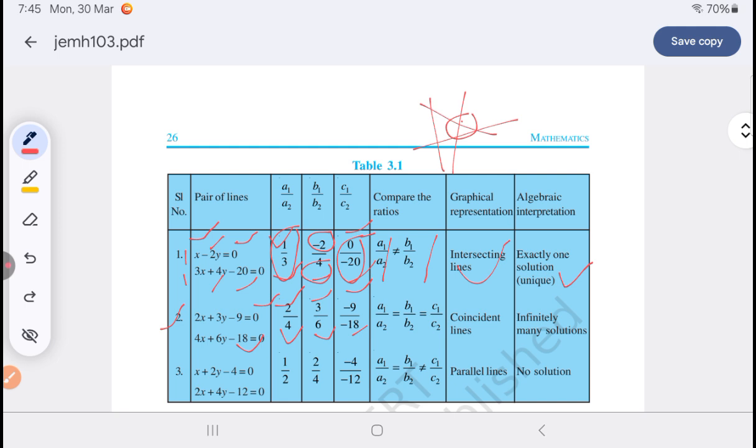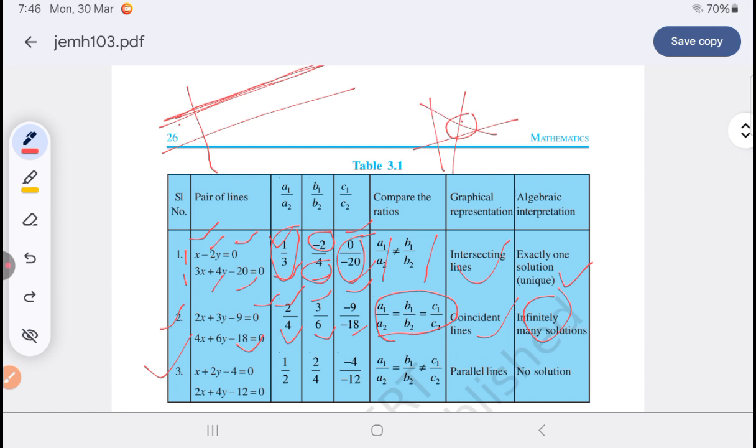So the ratio a1 by a2 is equal to b1 by b2, and that is equal to c1 by c2. So these are coincident lines. Coincident lines mean these lines overlap each other. So you have infinitely many solutions if you get this. This is the condition. You can check the equations with these ratios, and that will tell us whether these equations are coincident lines or intersecting lines.